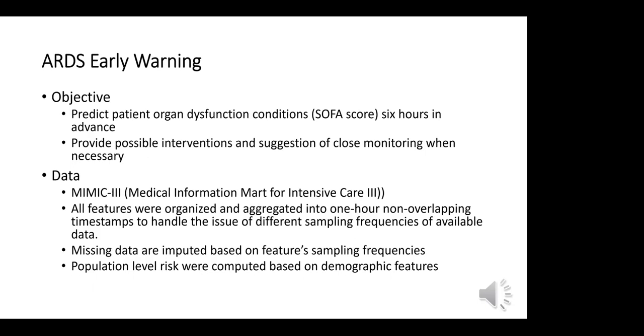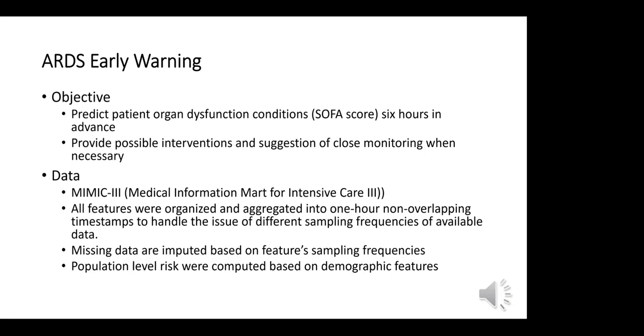They were organized and aggregated into 1 hour non-overlapping timestamps to handle the issue of different sampling frequency of the available data. So data were aggregated and imputed based on feature sampling frequency. More specifically, we took the mean value for the features with sampling frequency less than 1 hour to make sure the size of the time span across patients are consistent.